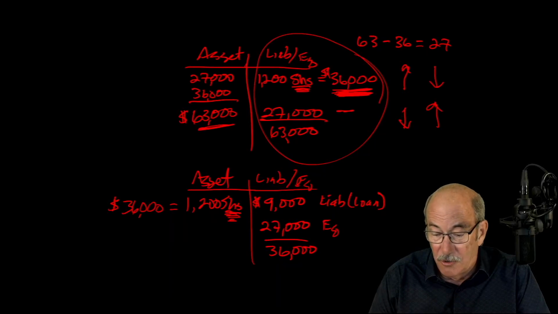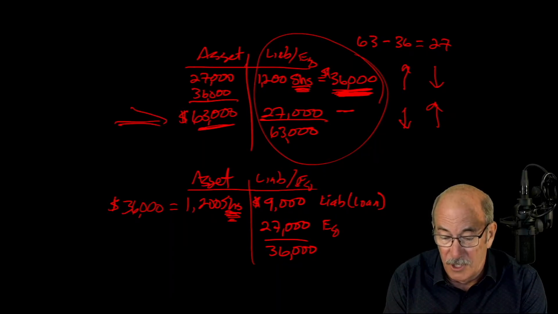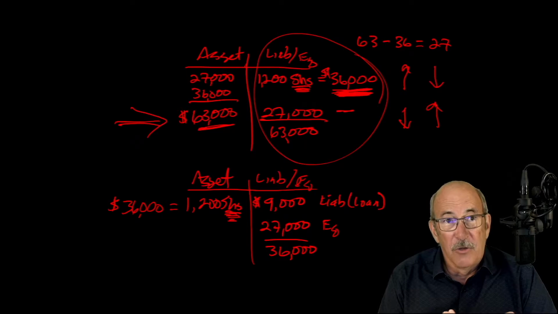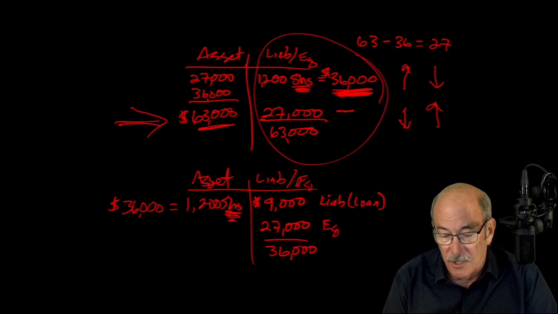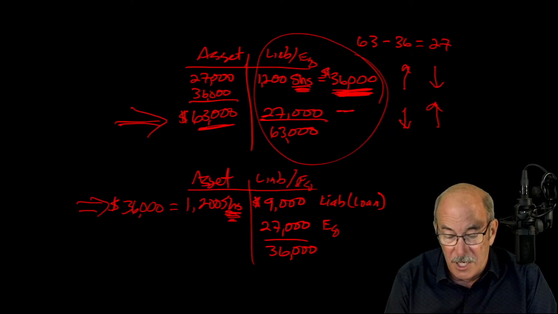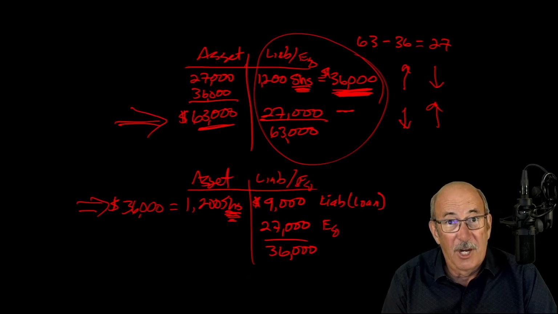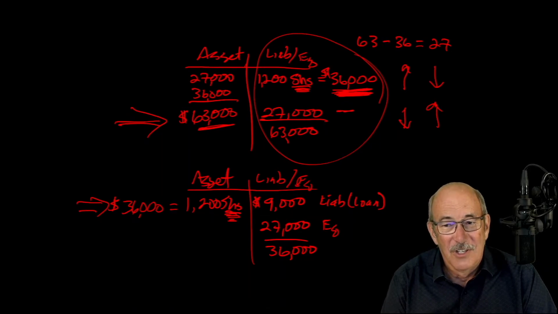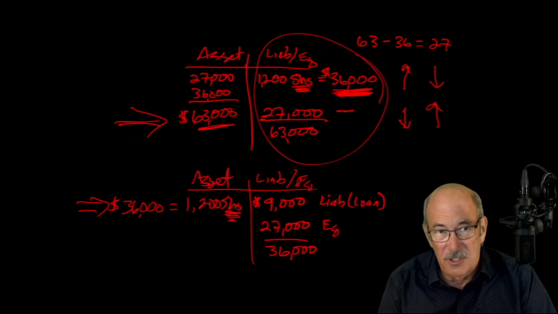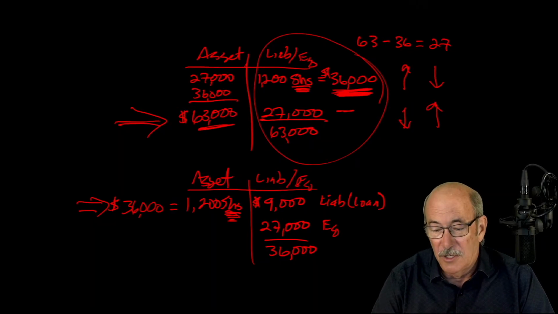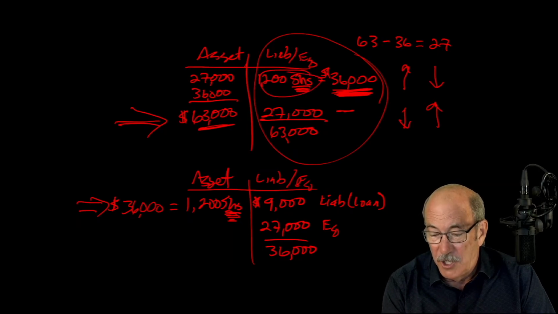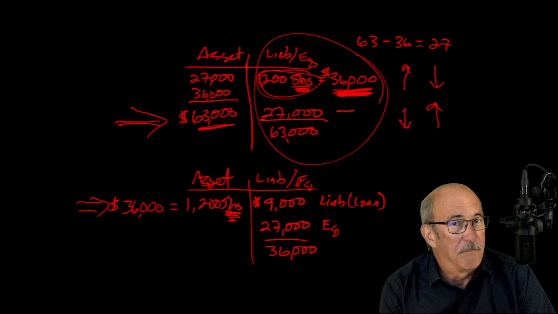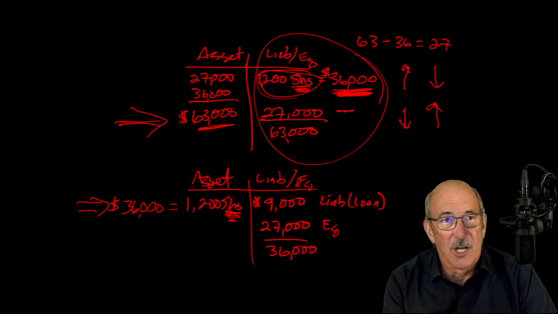But notice how over here, the total value of our assets is 63, whereas if we did it as a margin long, the total value of our assets is only 36,000. So don't let that confuse you. That's just how it is, right? Because up here in the short, we're borrowing shares, so we really don't have any of our own money in those shares.